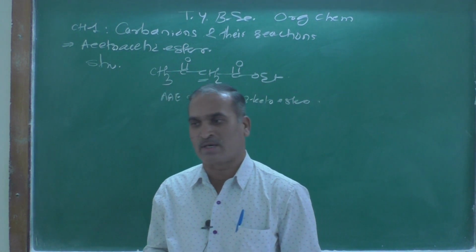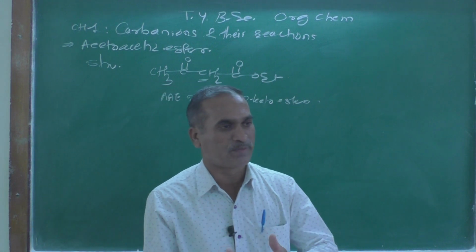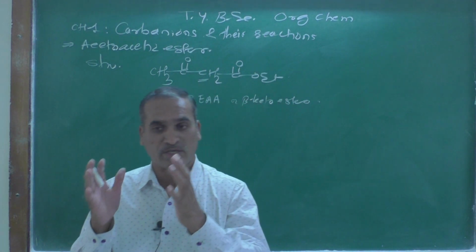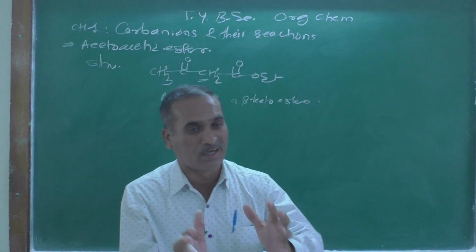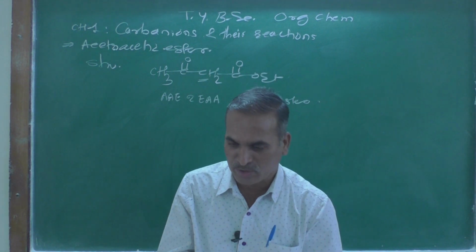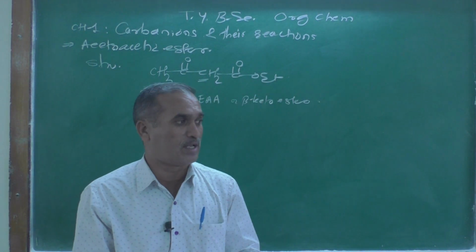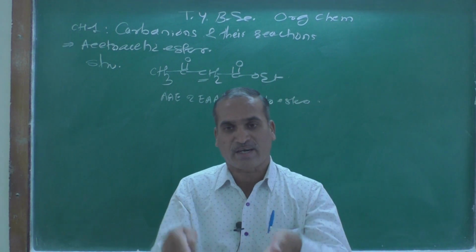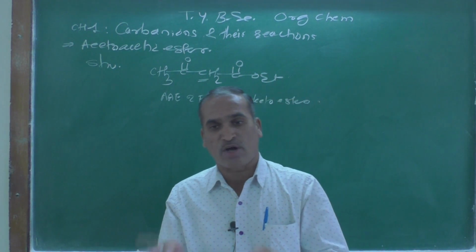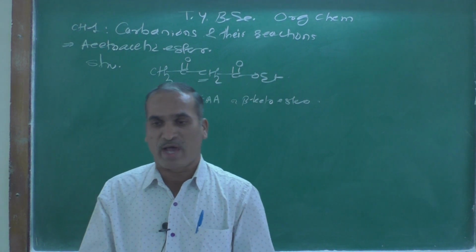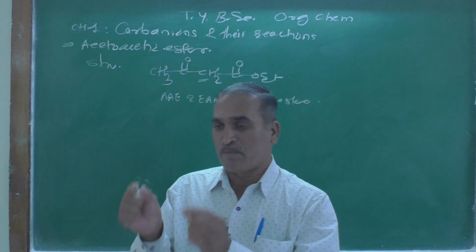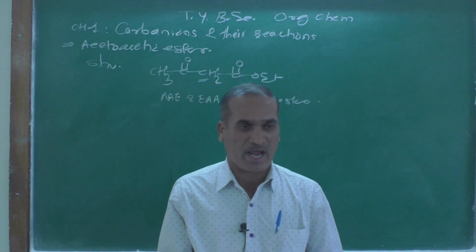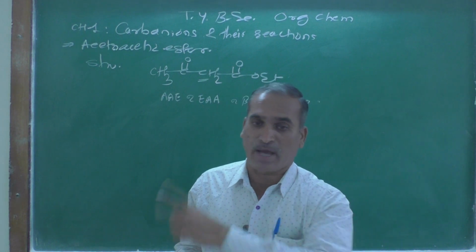Why is it called that? While studying malonic ester in detail, we already learned what a reactive methylene group means. The methylene group flanked between electron withdrawing groups is known as a reactive methylene group, and by using a base it can easily be abstracted to form a carbanion.